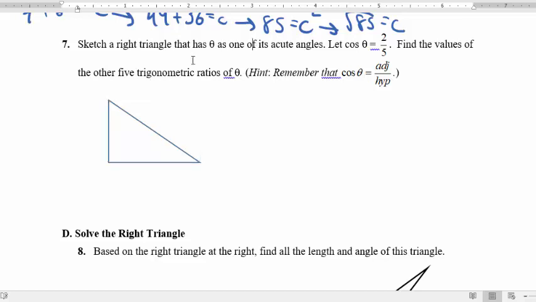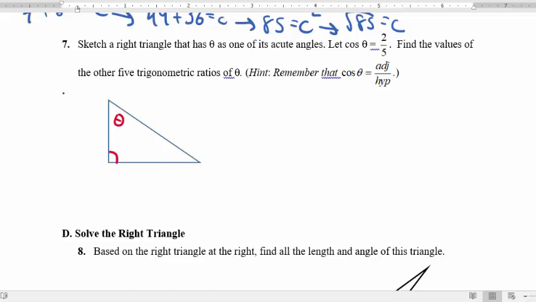So if that's our right triangle, and we're going to have an angle theta, so let's just call this angle here maybe theta, and here's your right angle, of course, right?